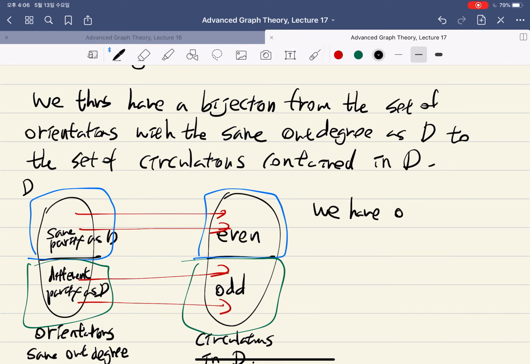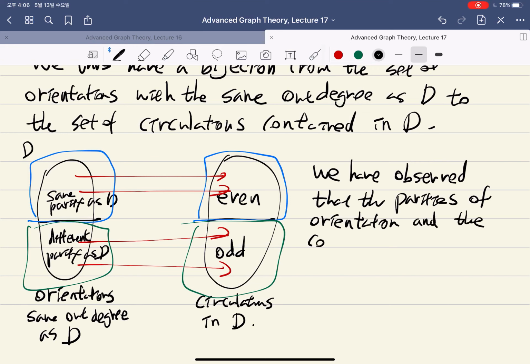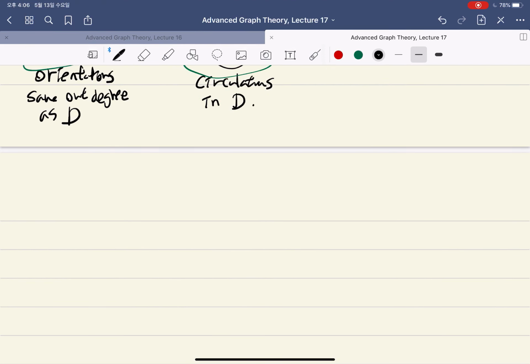So by this, as we have observed, the parities of orientation and the corresponding circulation are the same, hence the coefficient has the claimed value.